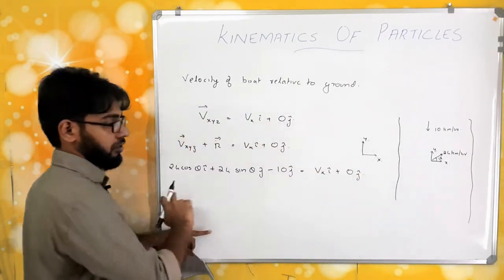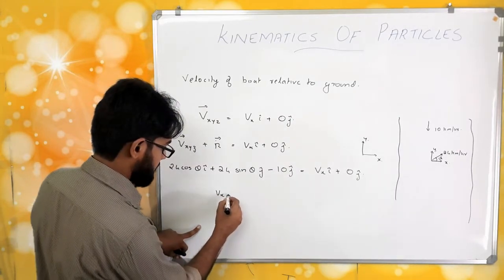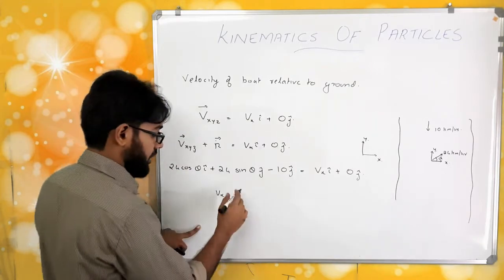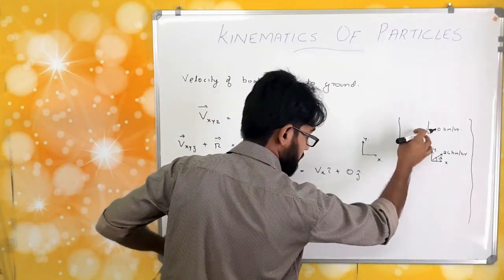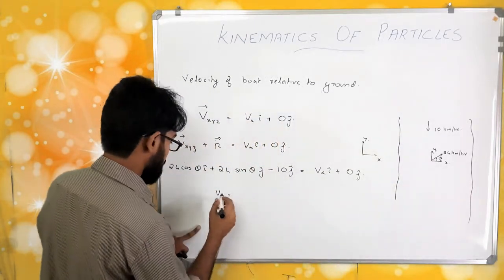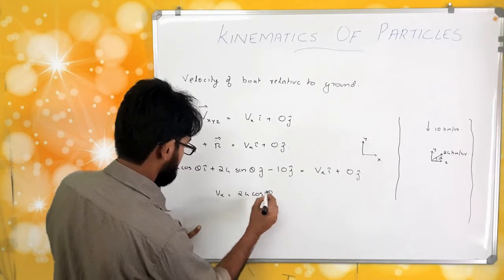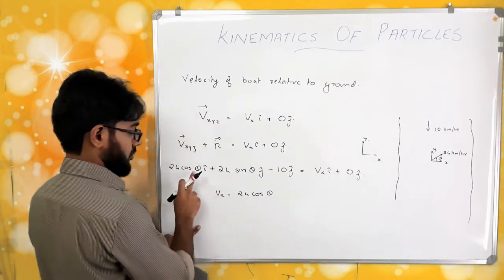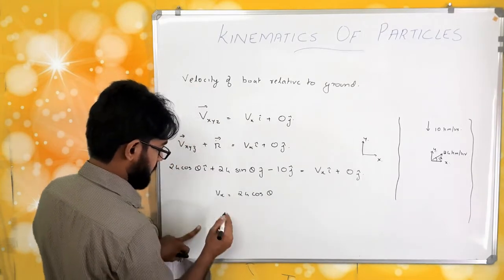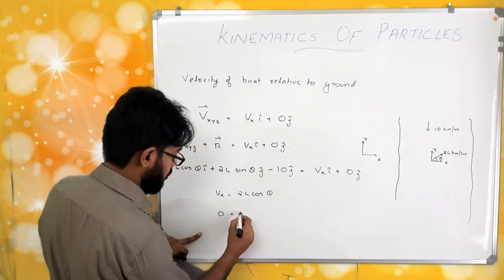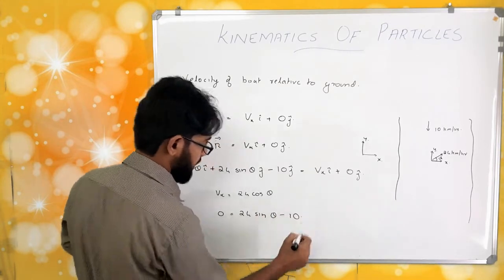Now if I relate the terms, I will get Vx, that is the corresponding boat is moving perpendicular to the flow of water, this will be equal to 24 cos theta, and the second one, 0 is equal to 24 sin theta minus 10.